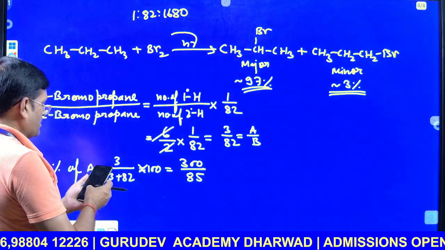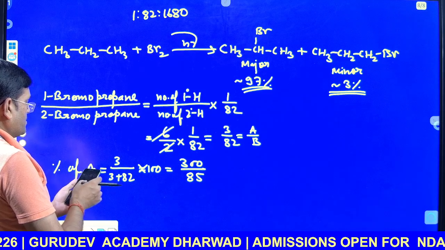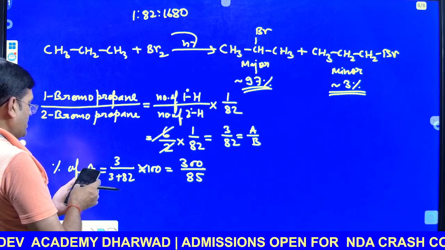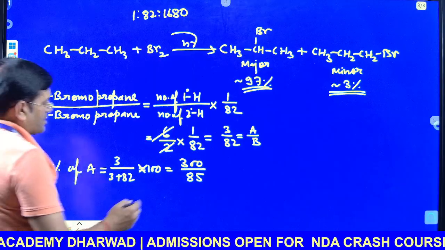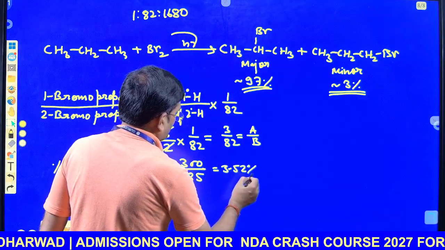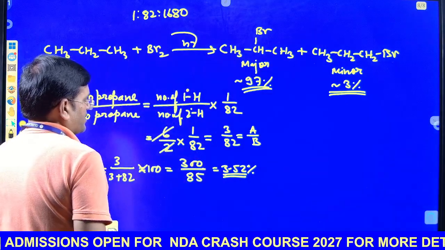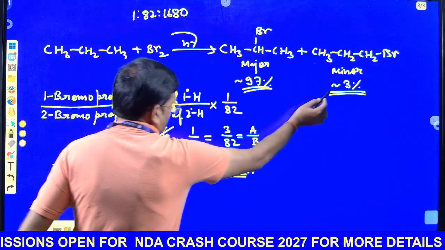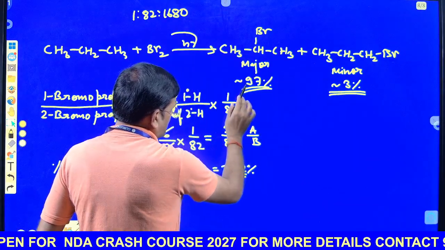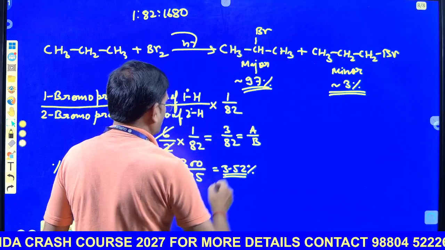Let me calculate for you. 300 divided by 85 is 3.52%. And what I said, approximately 3%. Getting? What I said, roughly without calculation, it is coming out to be 3%. Obviously if it is 3%, then it will be 97.